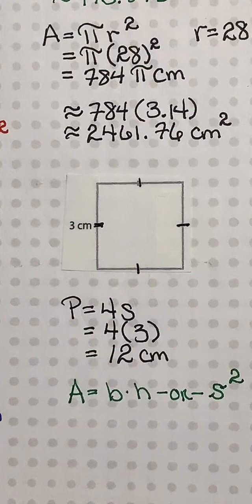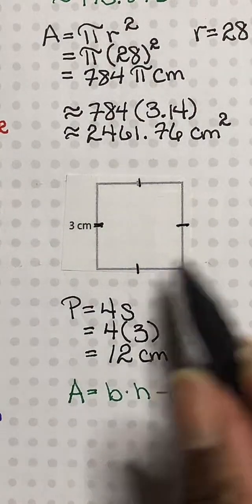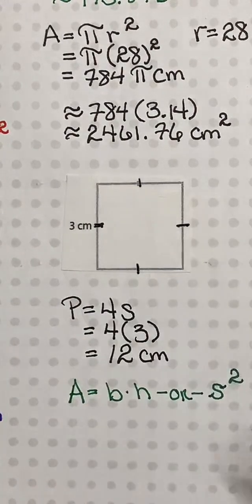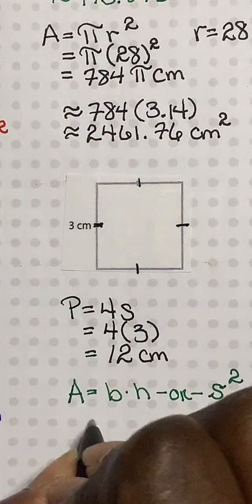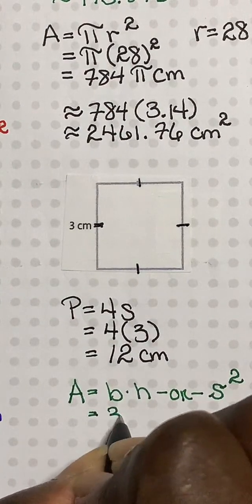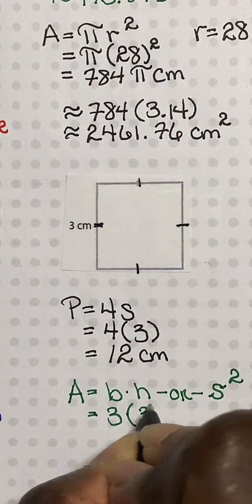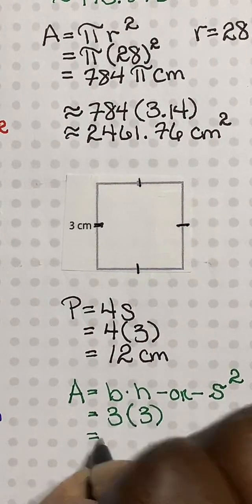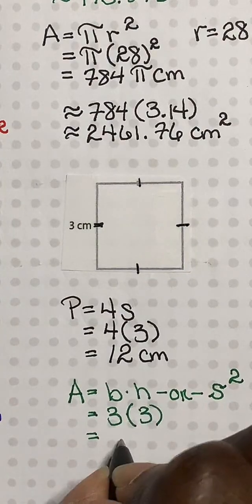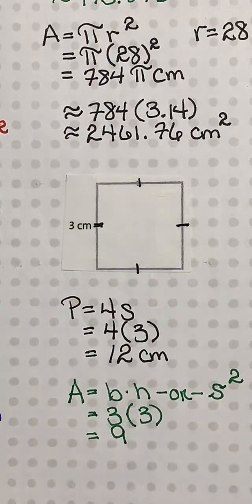You're probably like, say what? Okay, so base times height. All 4 of the sides are going to be exactly the same. So my base will be 3. My height, that's going to also be 3. So last time I checked, 3 times 3 gives me a 9.